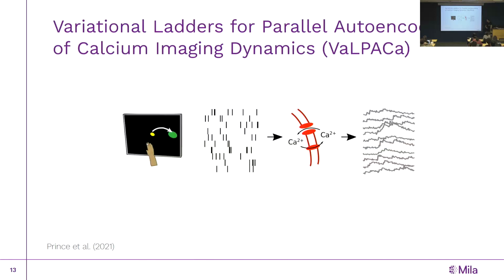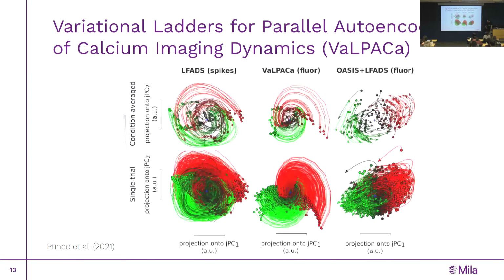And then we examined what happened when we ran our system on those. Previously it had been shown via LFADS and other systems that you get these beautiful rotational dynamics when animals are doing these reaching tasks. And we showed that if you just applied LFADS to a deconvolved fluorescence trace, it didn't seem to work very well. But applying Alpaca to this gave you these really nice rotational dynamics again.